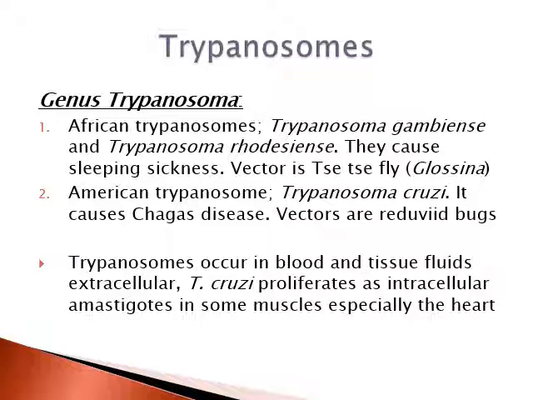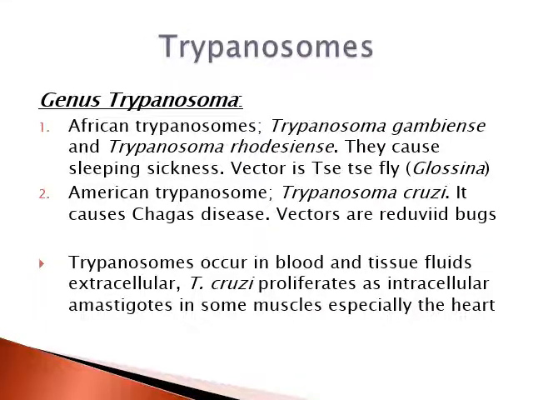American trypanosomes are only one species which affects humans, Trypanosoma cruzi. It causes Chagas disease. Chagas is named after the doctor who treated this disease many times and was very famous for treating trypanosomiasis in America.